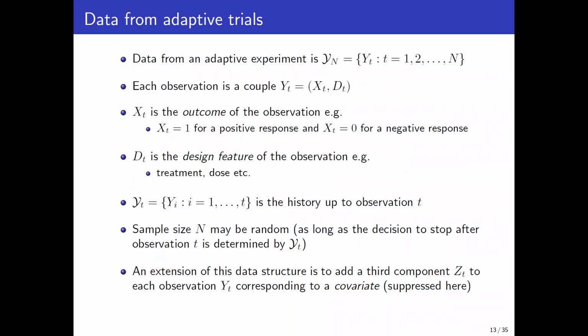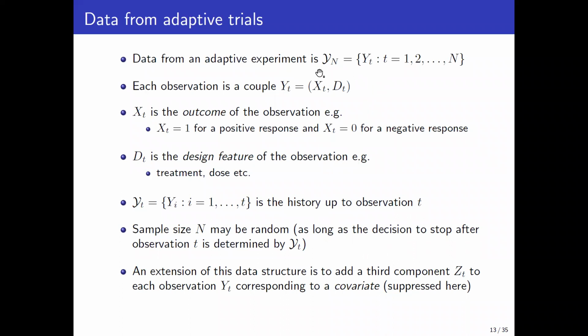Okay, so let's think about then the data that we get from an adaptive design or an adaptive trial. It's actually, for those comfortable and familiar with stochastic process type contexts, the data that we get from an adaptive trial is actually a stochastic process. I won't emphasize that characterization here, but that does underlie a lot of what I'm about to say.